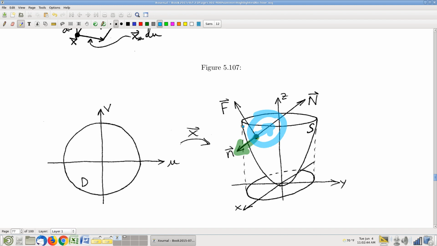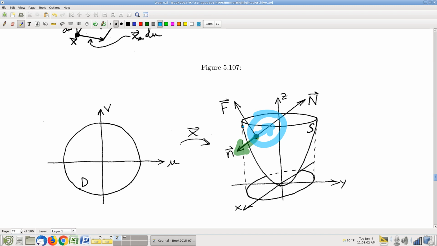Everybody see the problem? Here's the good news. The difference between parameterizing the right way versus the wrong way is that these two vectors are exact negatives of each other. So if you parameterize it the wrong way, you're going to get the negative of the correct answer.